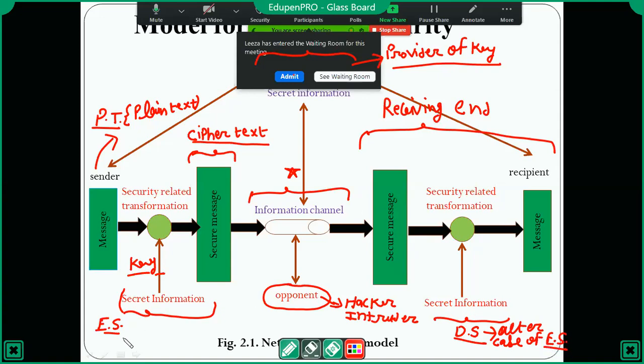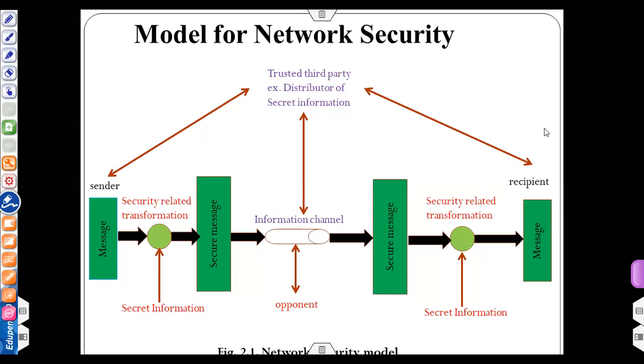Whatever the encryption scheme we have applied for doing the encryption, we just apply the alter case at the receiving side and get the message back. So here we will get back our message in the form of plain text. So this is the general concept of the network security model.